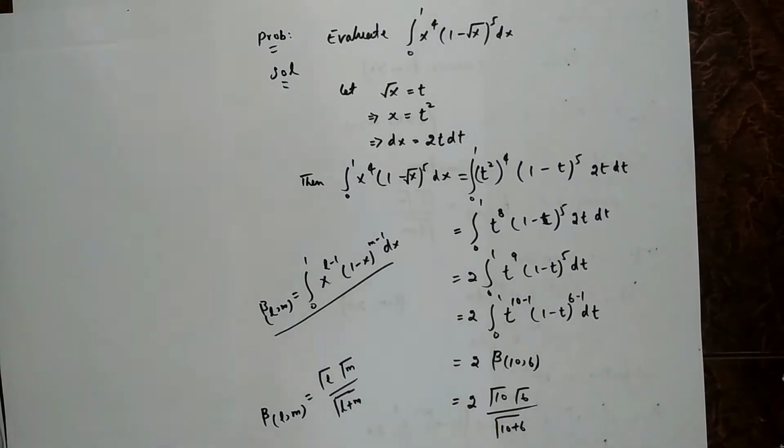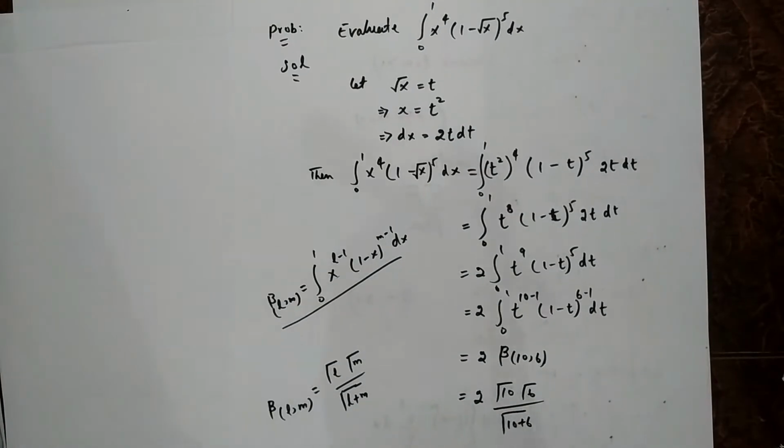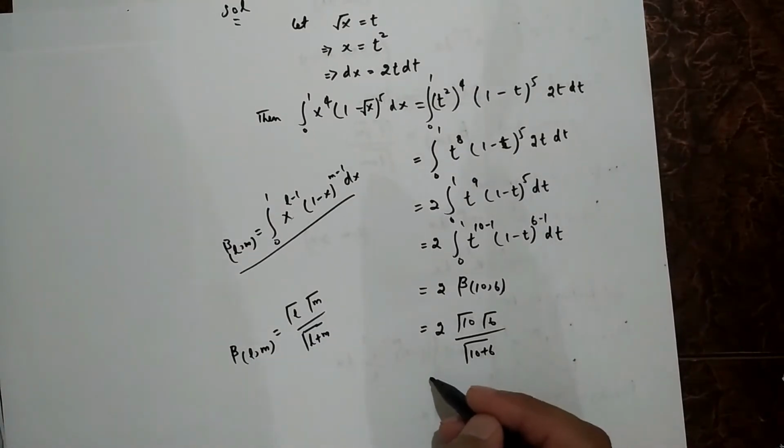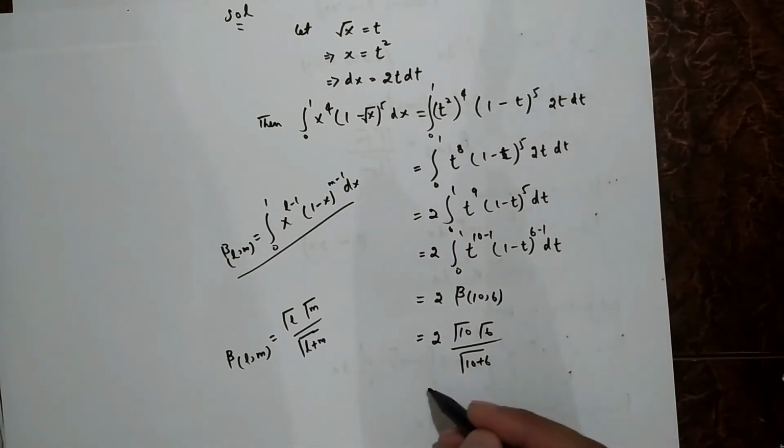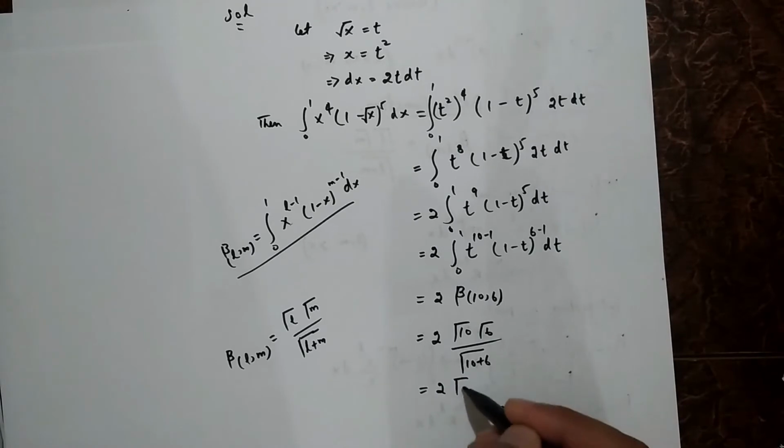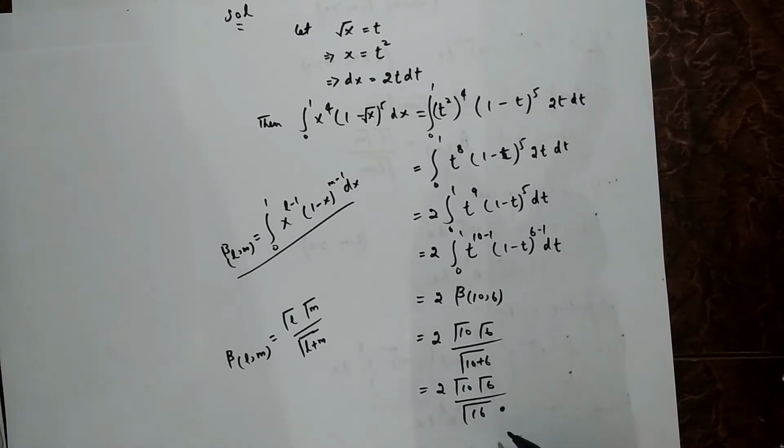So I have used this property here. So I can write it as 2 times gamma 10 gamma 6 upon gamma 16.